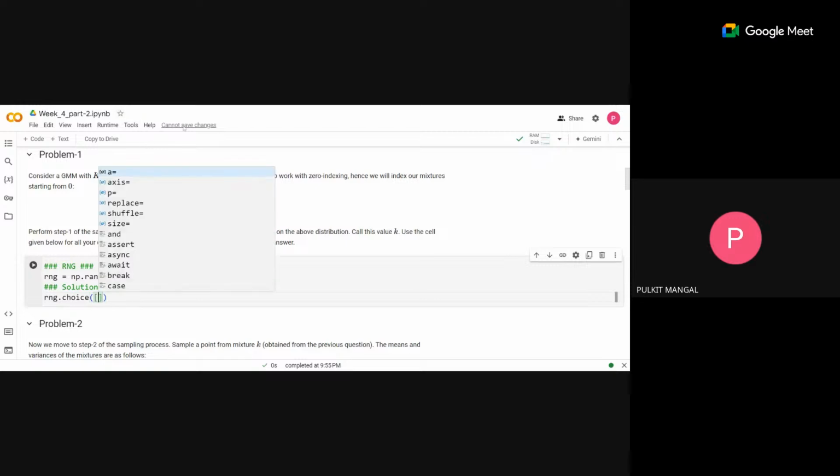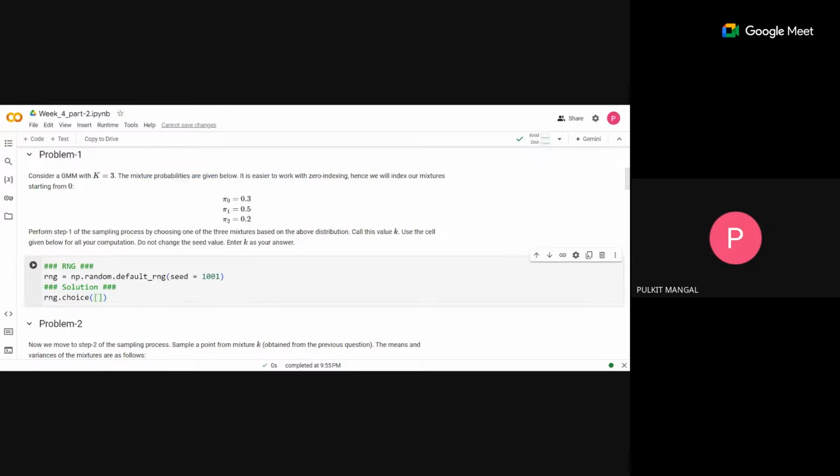What's the parameter that it takes? The first parameter is the array of the numbers that you want. We want the mixtures 0, 1, and 2, so you pass 0, 1, 2.